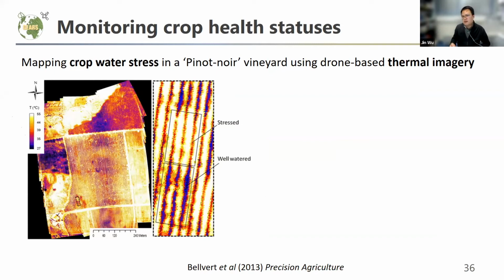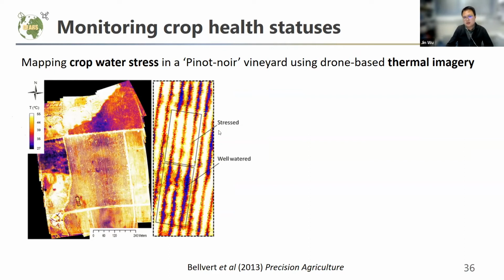But there is an alternative remote sensing technique that can contribute to this field. It's called drone-based thermal imagery. For example, this is a really large crop field, and you can have a thermal camera mounted on a drone flying through the entire landscape. In these figures, the blue color normally means the canopy temperature of the crop is really low, and the red color indicates really high canopy temperature.